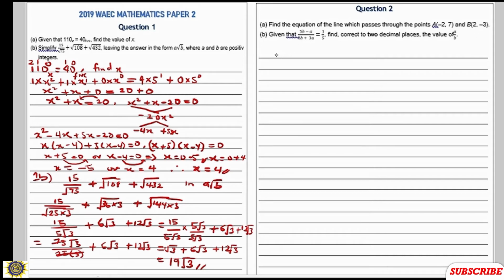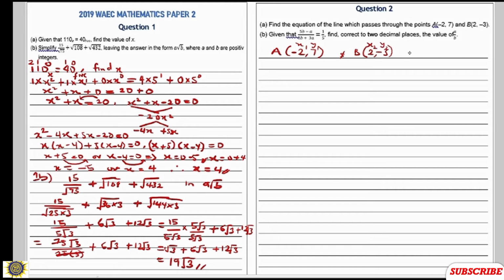Knowing fully well that the first point is (-2, 7) and the second point is (2, -3). Now you should know that this is going to be our x1, y1, and this is going to be our x2, y2.